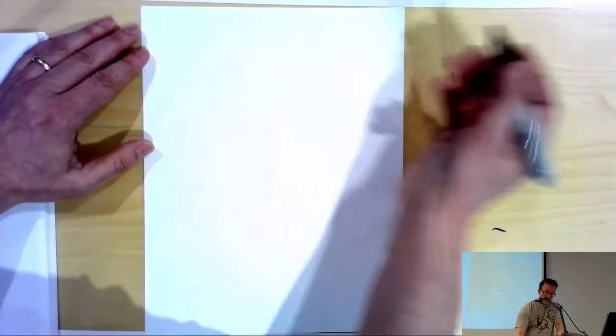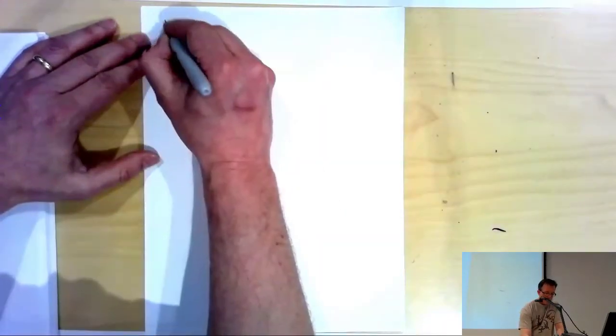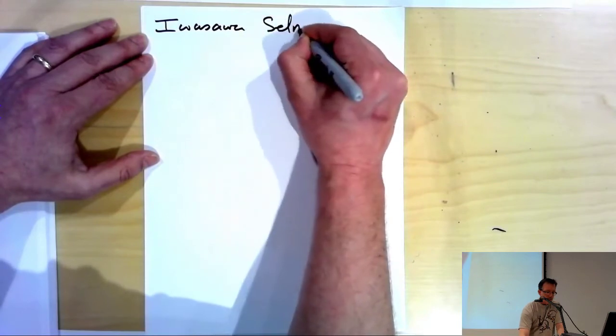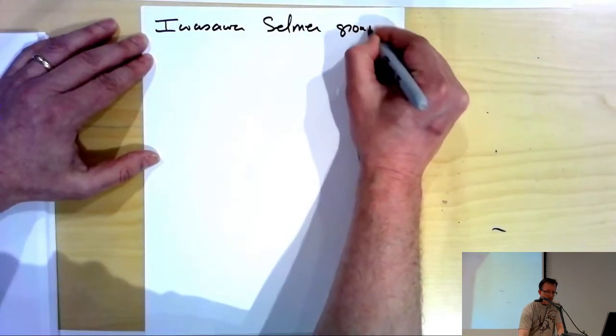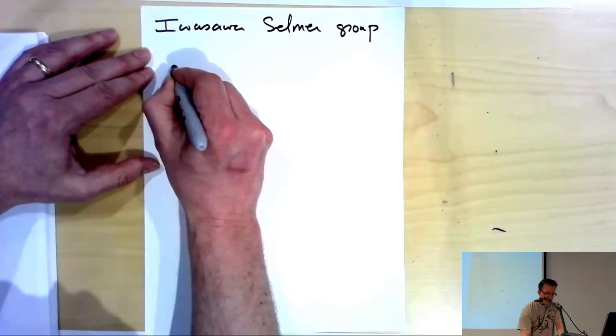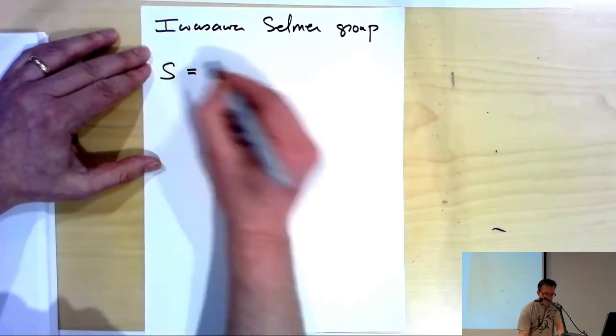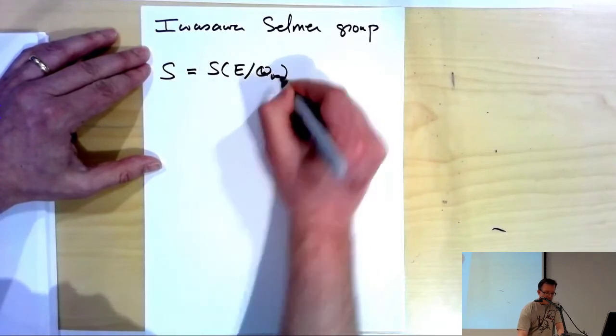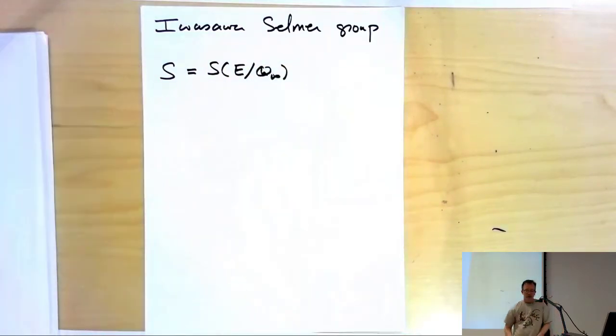Right, so now we're going to do the Iwasawa Selmer group. In my notes this is something like S of E over Q infinity.